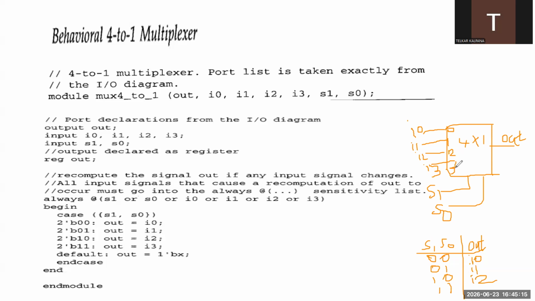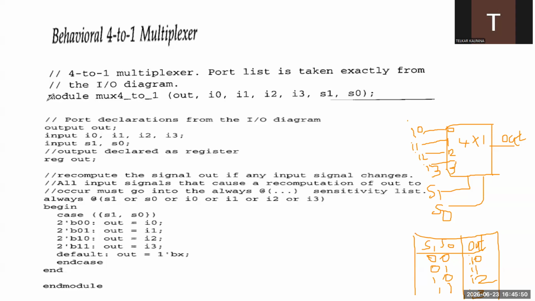So the input connected to line 3, here I3, will be connected to out. So out takes the value I3. This is the truth table for a 4 by 1 mux. Based upon the selector input combinations, the line whose decimal equivalent matches will be selected and appear at the output terminal.